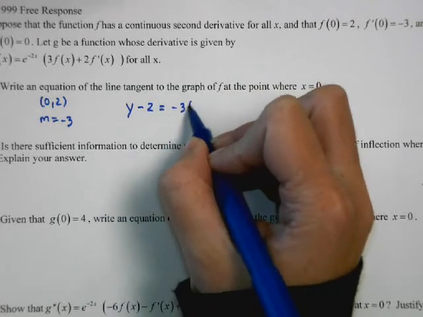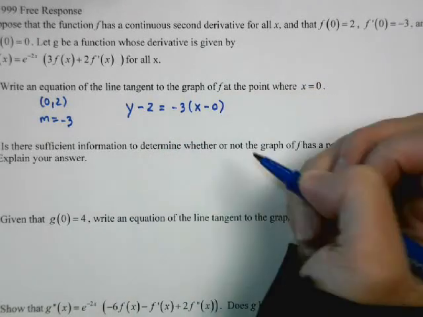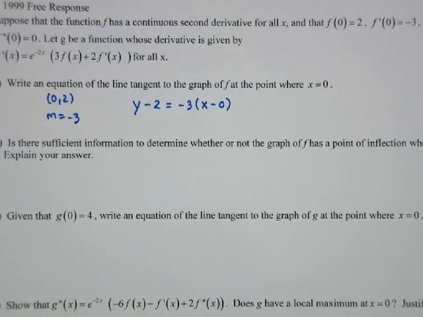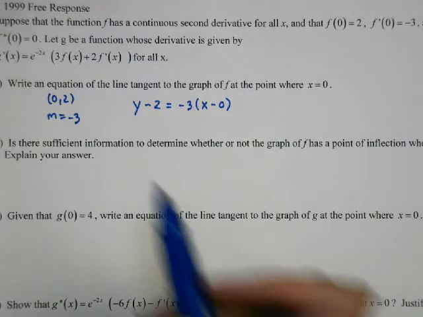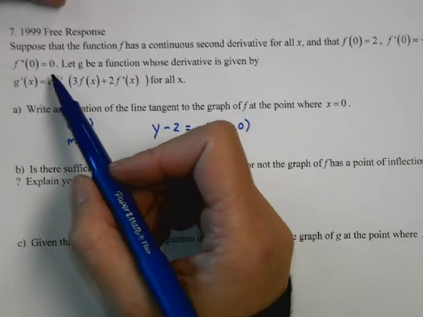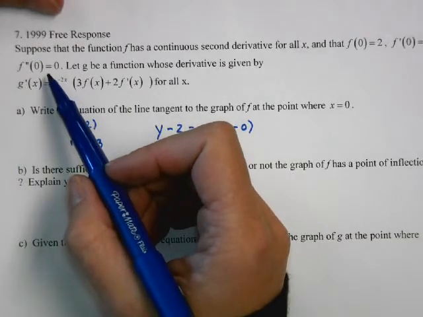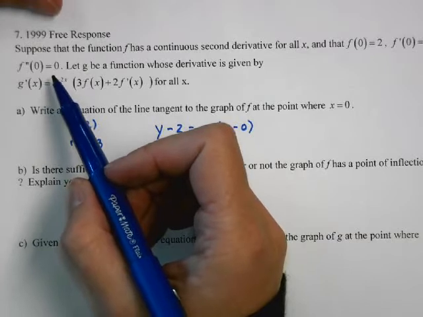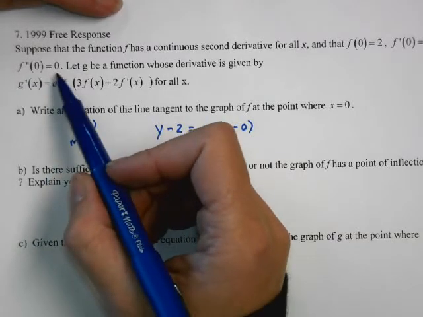For B, is there sufficient information to determine whether or not the graph of f has an inflection point when x equals 0? We know that the second derivative is 0, so that makes it so it potentially is a point of inflection, but we don't have any other information, so we don't know if it switches signs. So we do not have enough information for this.